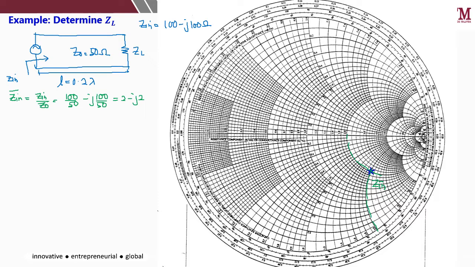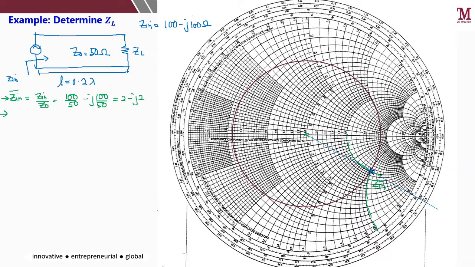Okay, next you need to draw the SWR circle. Okay, so once you have the SWR circle, then you can project from the center of the Smith chart crossing at your Zin, then you'll get your current position.